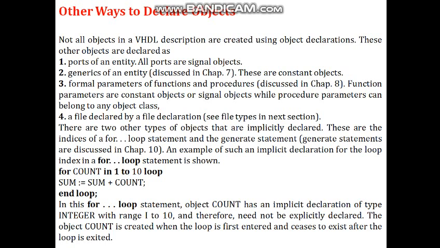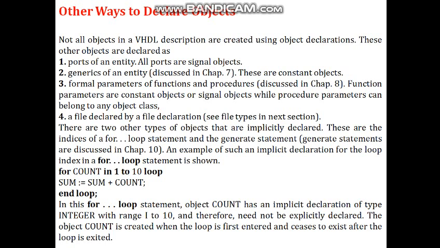All ports are signal objects. The generics of an entity are constant objects, as are the formal parameters of a function and procedure. The function parameters are constant objects or signal objects, while procedure parameters can belong to any object class. A file is declared by a file declaration.